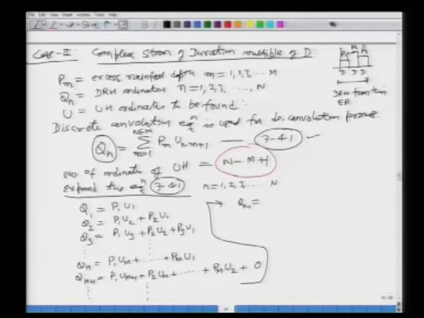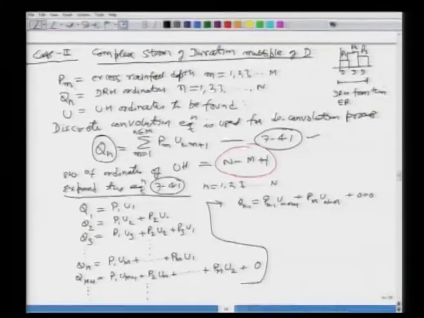It will be P m minus 1 u n minus m plus 1 plus P m u n minus m, and then the rest of the terms will be 0, because P m plus 1 is not defined, or P m plus 1 does not exist, because there is only m number of rainfall impulses.